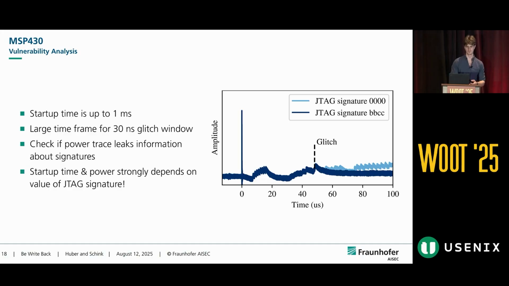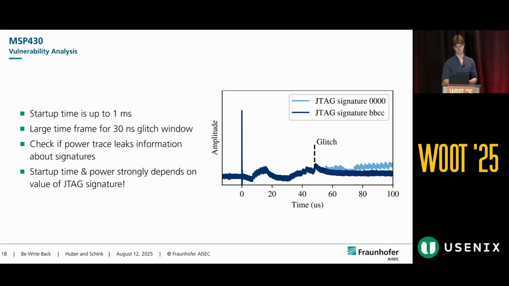So we tried to make it a bit more efficient and recorded a power trace to see if we can get any information on the timing. And as we can see on the graph, we did. With different JTAG signatures written, the power trace and also the startup time of the microcontroller change drastically.